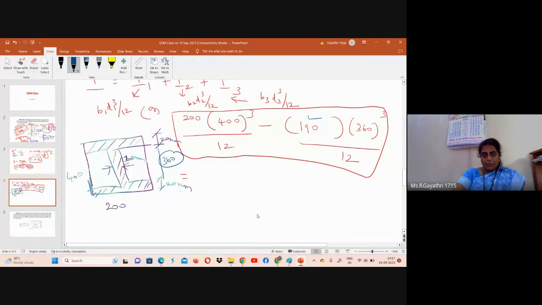Okay, very simple. This is symmetric about x and y axis, so x bar means total depth by 2, y bar means total width by 2. Here we can consider the entire rectangle from which we can subtract the web width and flange height. That's it.